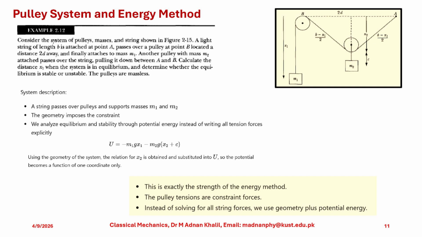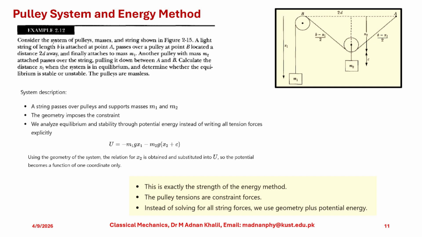The potential energy can be expressed in terms of two heights x1 and x2 with the constant c from a reference line AB. The negative sign appears because the coordinates are chosen downward in the diagram. So moving downward lowers gravitational potential in the chosen convention.